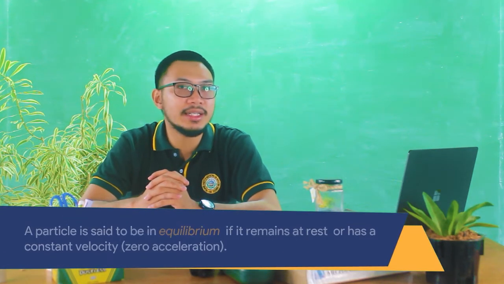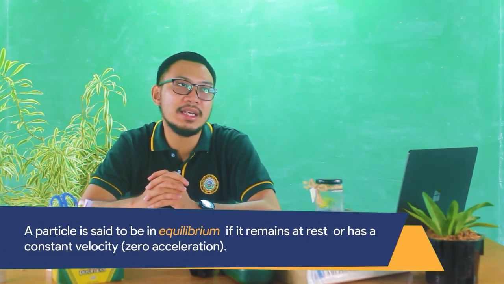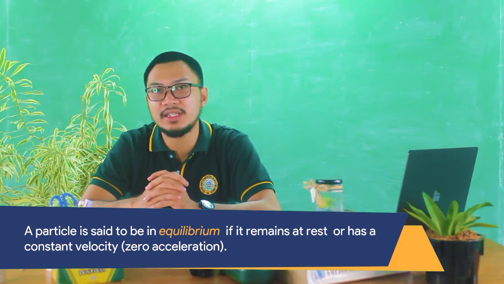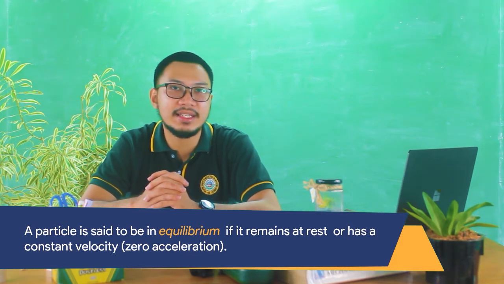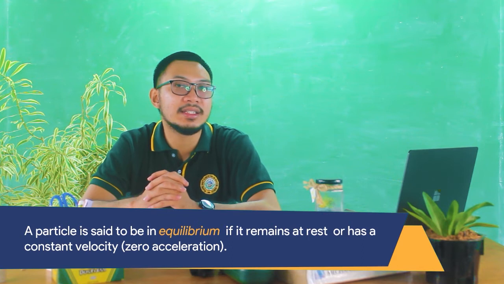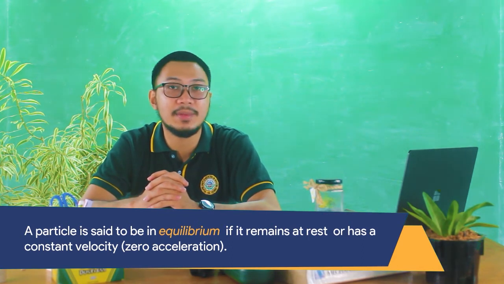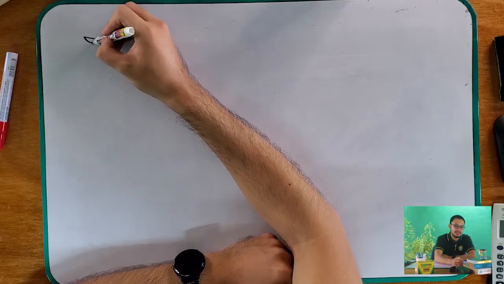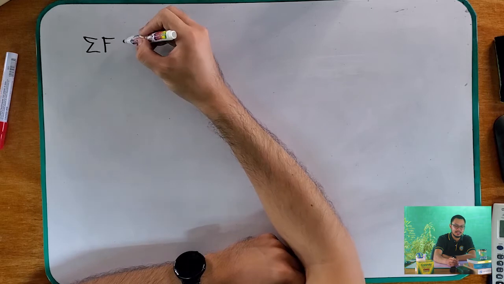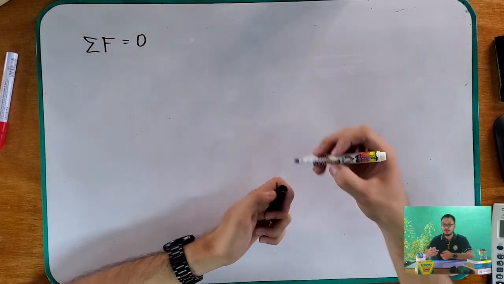As you can remember, when we talked about Newton's first law, a particle can be moving at a constant velocity, or probably it is static if, again, there are no unbalanced forces applied to that particle. And the governing equation of Newton's first law is the summation of forces is equal to 0.